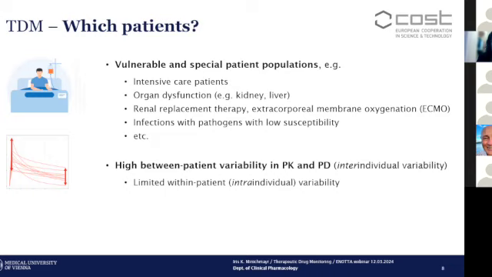TDM can be very valuable if the between patient variability in exposure or drug effect is high. And at the same time, random variations in a patient, for example, from day to day, should be limited.